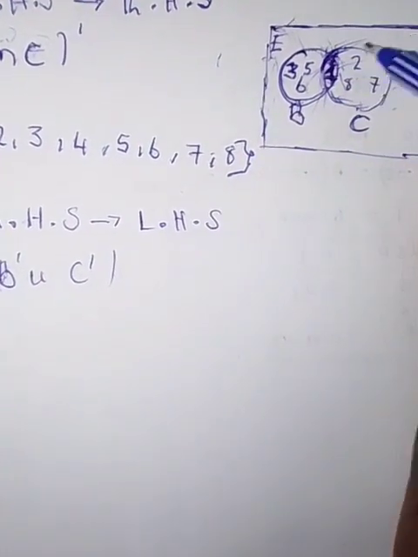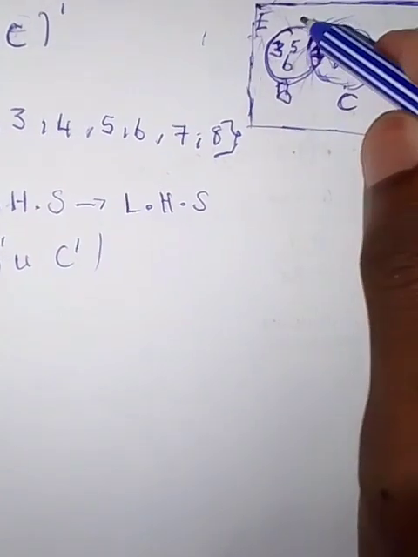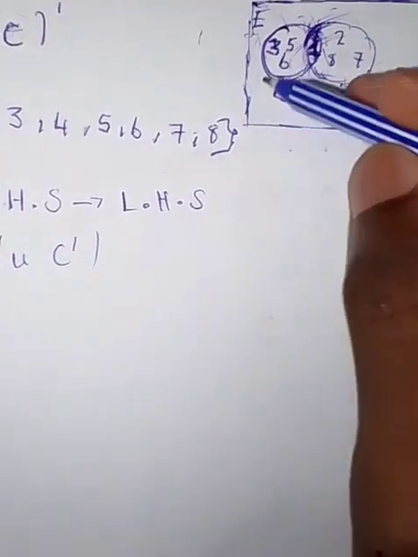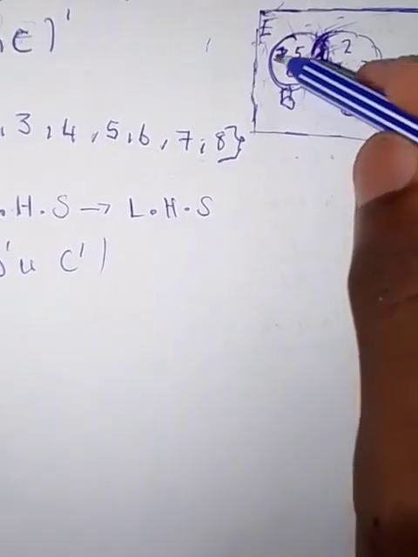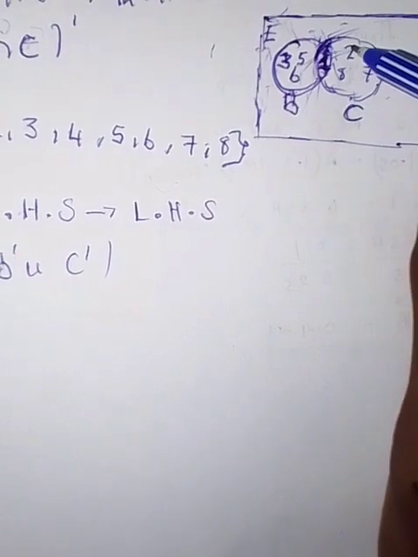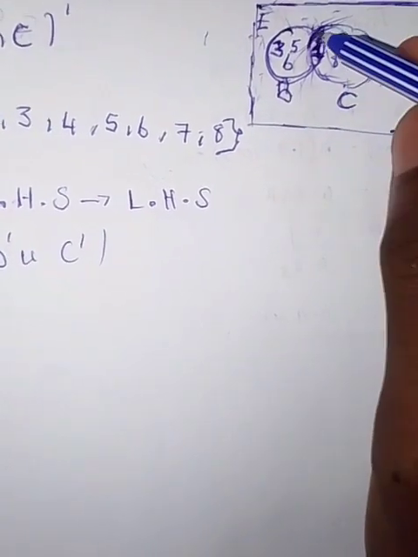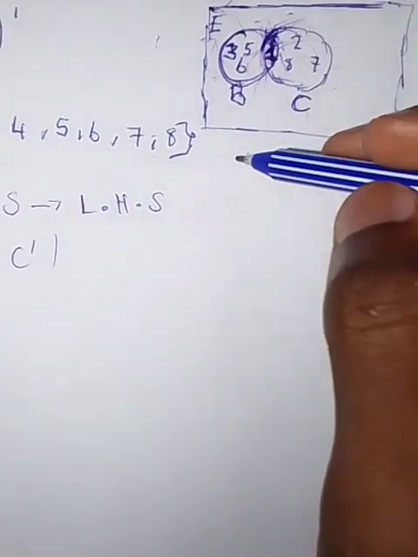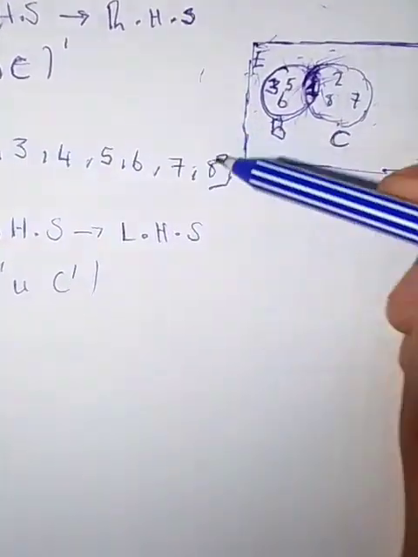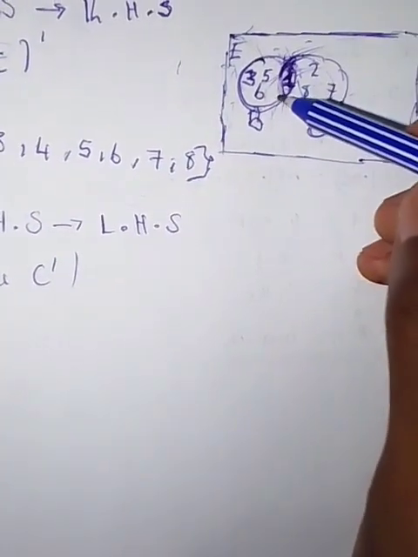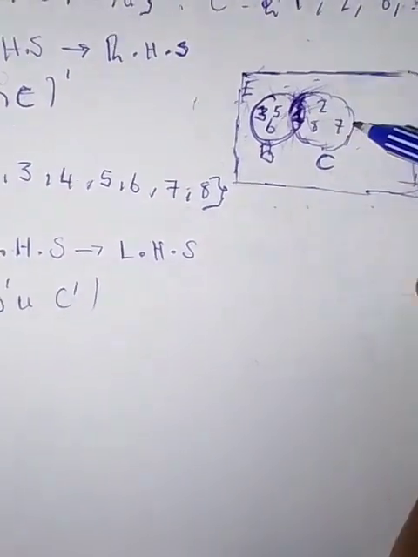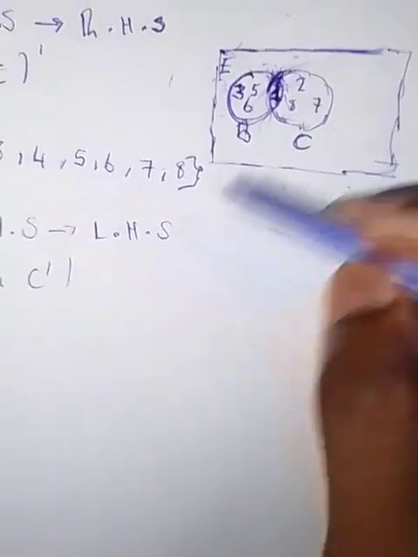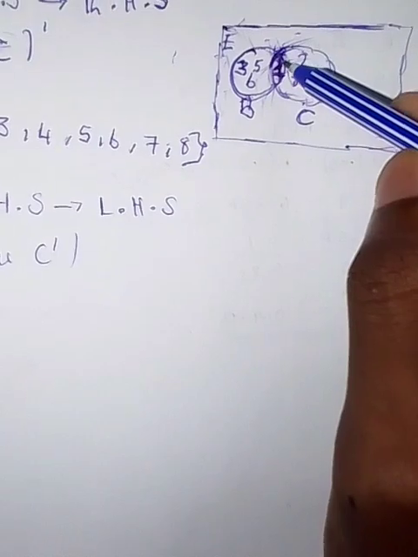Anything that is out here, it is not in B. You are going to list it, and now unite it with whatever elements are not in C. So this will still give us the same set, because it is still showing that we are not going to include 1.